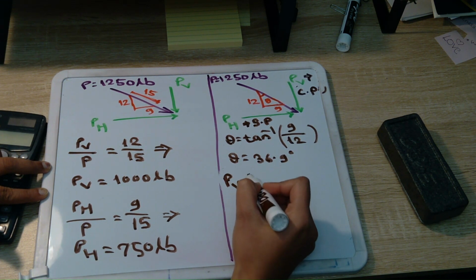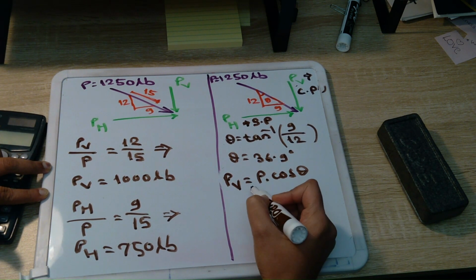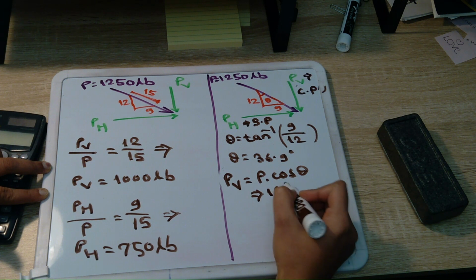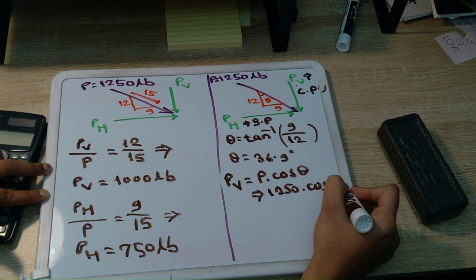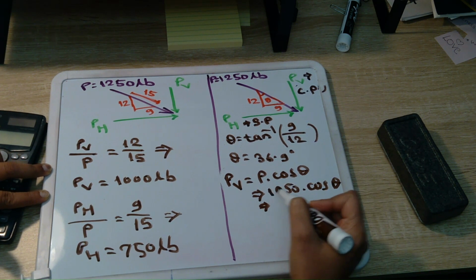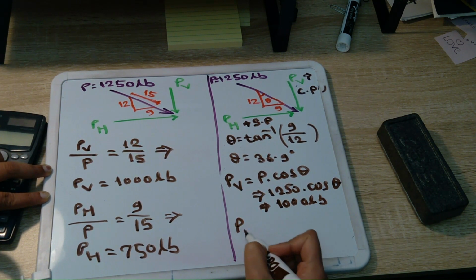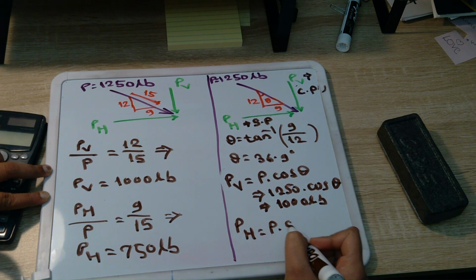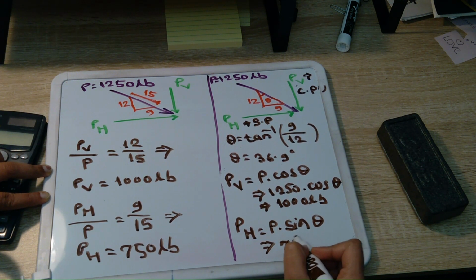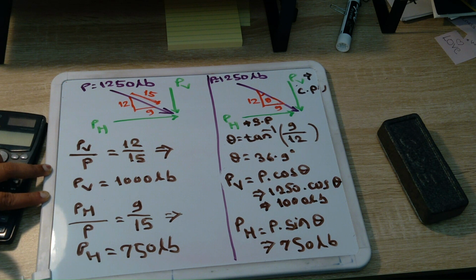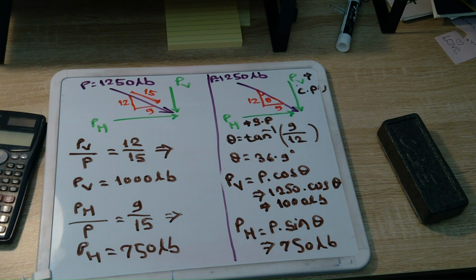So PV is equal to P cos theta, which will be 1250 lb into cos of 36.9, which we will get as 1000 lb, and PH is equal to P into sine of theta, which we will get 750 lb.